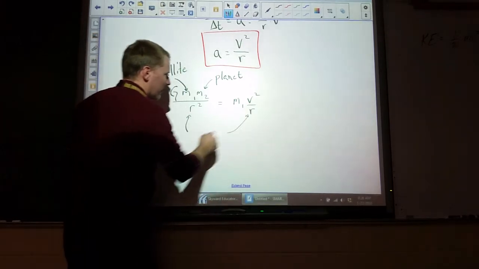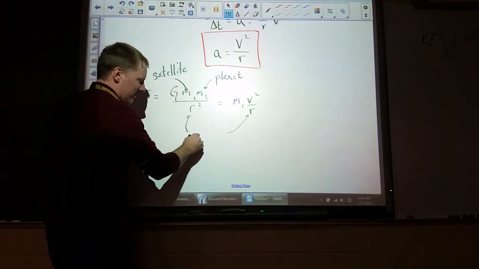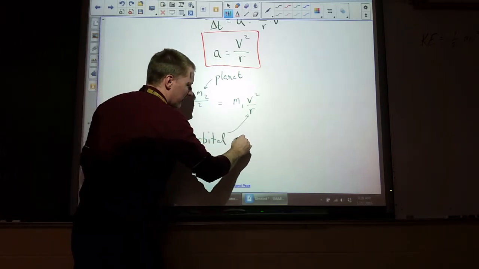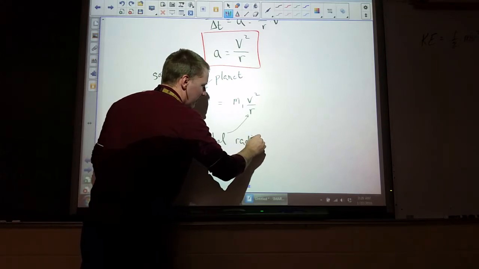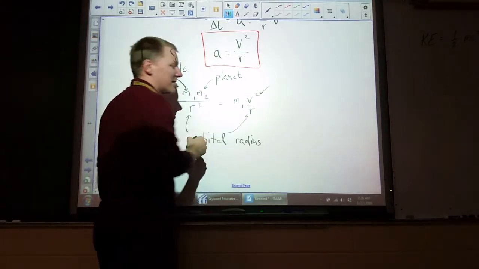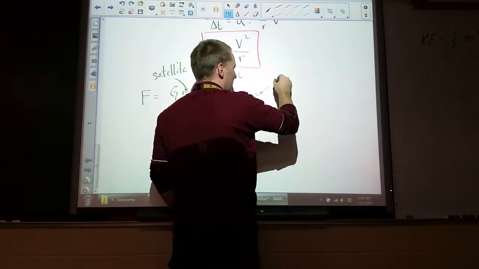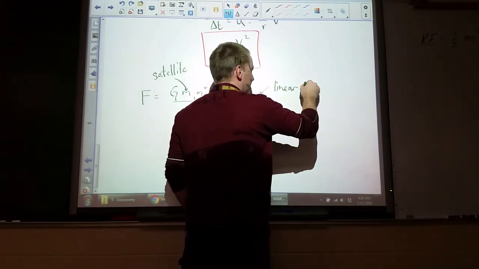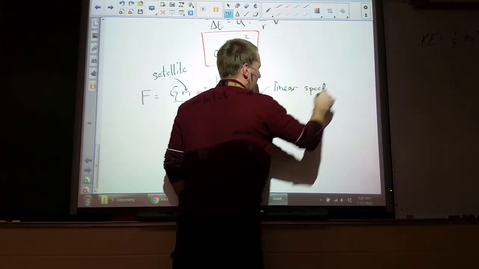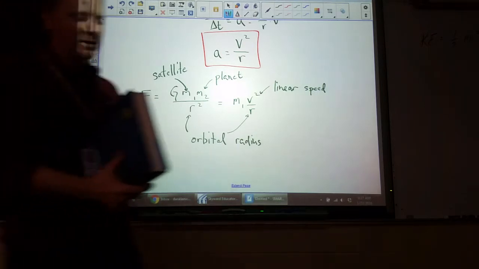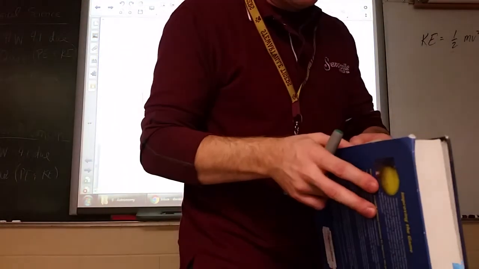These two are the orbital distance, or orbital radius. And this is the linear speed. So how fast is it going from one moment to the next? And so in that way, we can figure out a fair number of different aspects of it, and we can relate those.